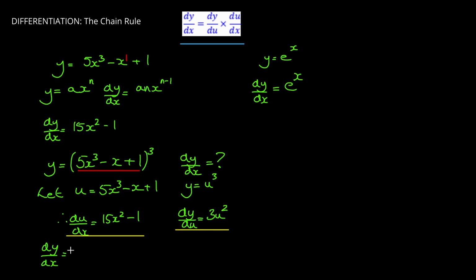So dy dx is equal to 3u squared multiplied by, du dx is here, and I'll put it in a bracket, 15x squared minus 1.